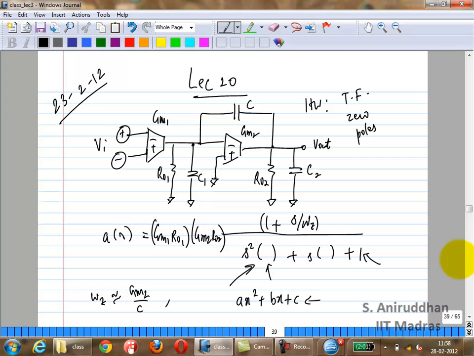Right, this is the generic two-stage op-amp. Okay, I want you to calculate the transfer function of this, because maybe not next class, but the class after that we are going to discuss the two-stage op-amp, because there are some interesting details about this. Okay, so we're going to start looking at what the poles are, what the zeros are, and so on. So I want at least some of you, or all of you, to go ahead and do this and tell me in 2 classes from now. Okay.